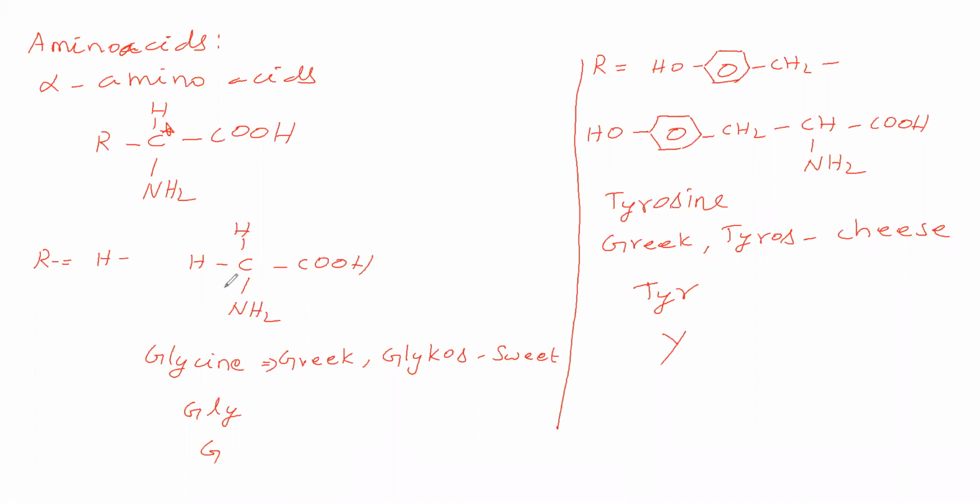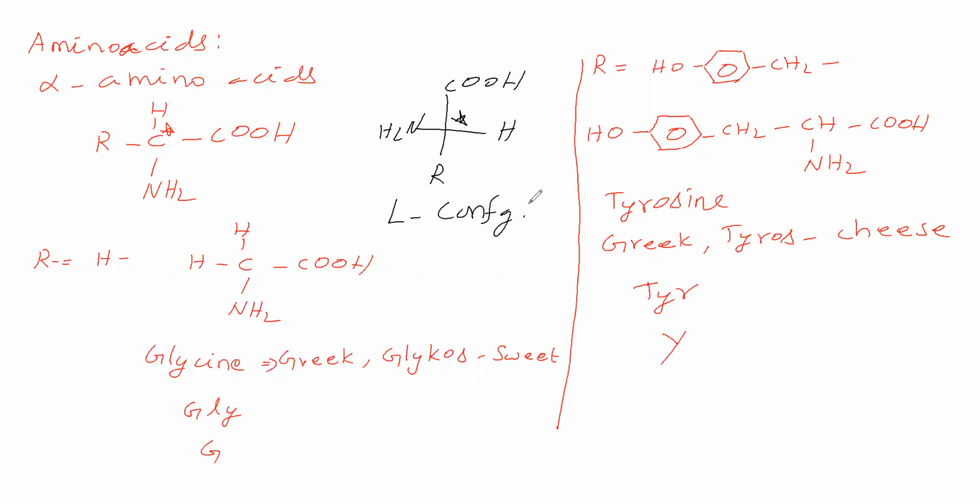Now we will see which configuration alpha amino acids come under in the DL nomenclature. Take carboxylic acid at the top, and here R, NH2 group and H on the chiral carbon. In this chiral carbon, the NH2 group is on the left side. Therefore, it is called L configuration.